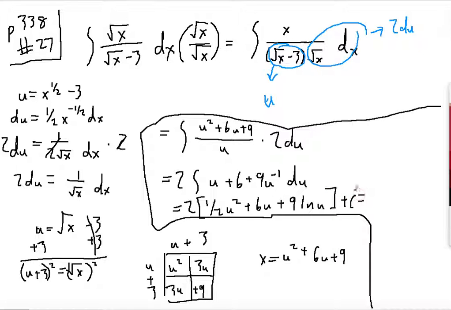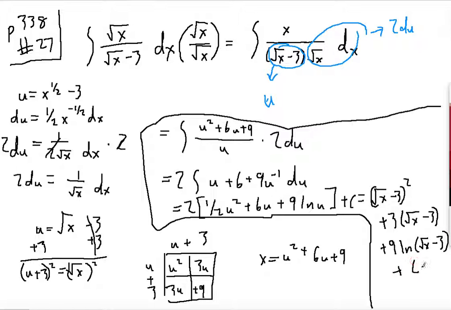And so this will equal, we'll distribute this 2 outside here. We end up with the square root of x minus 3, quantity squared, plus, since we're distributing the 2, we now have 3 times the square root of x minus 3, plus 9 times the natural log of the square root of x minus 3, plus c.